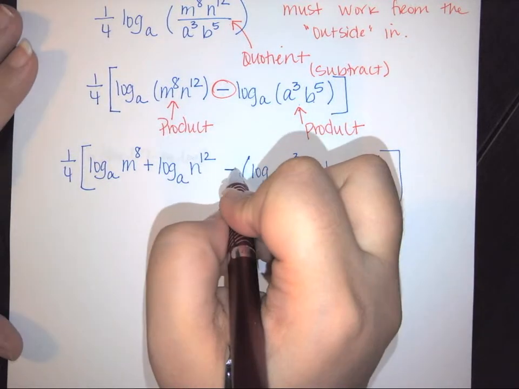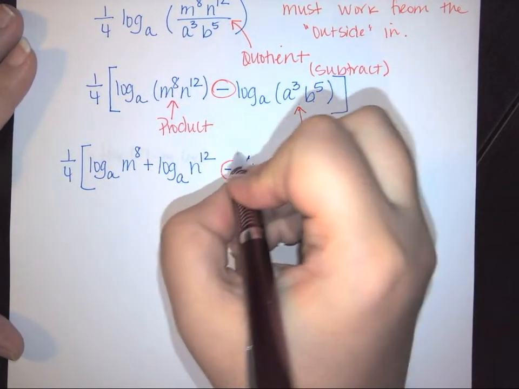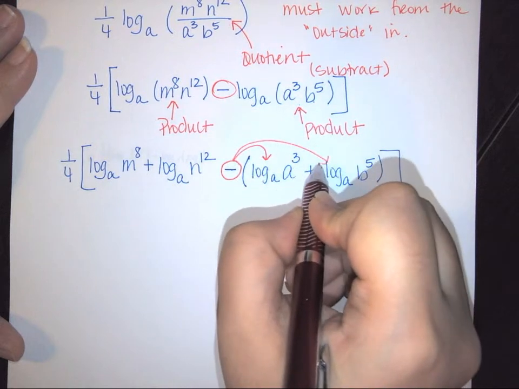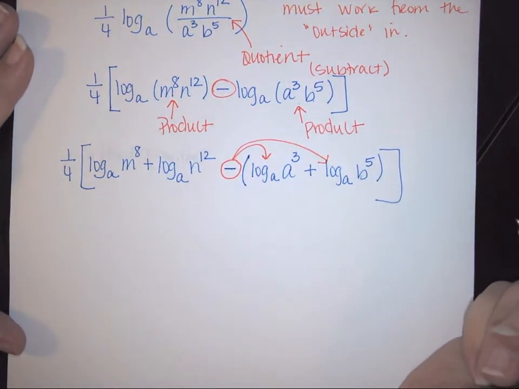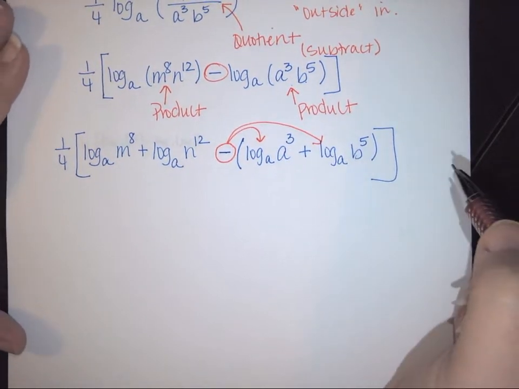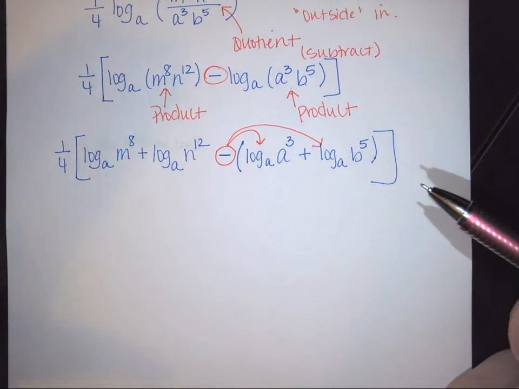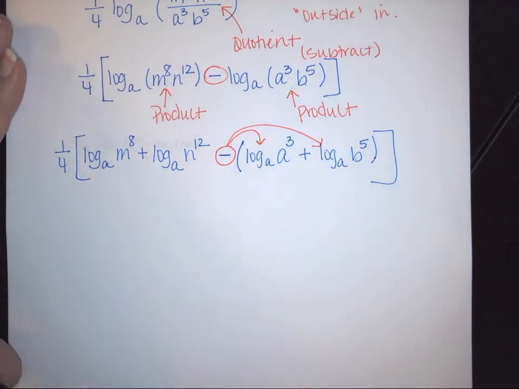Now, this subtraction sign is going to be distributed to the first term and to the second term. And so I would go through and distribute that first, which will drop these parentheses so that you have a clear playing field to work with.